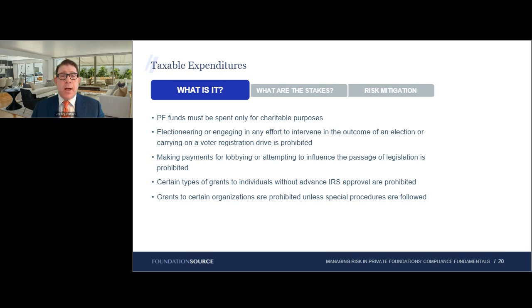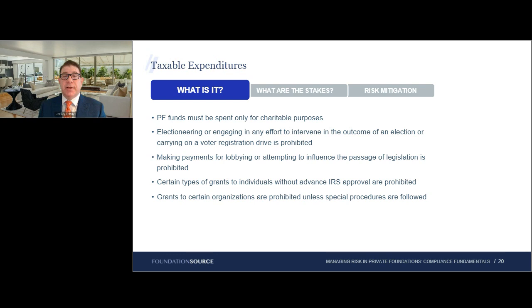While a foundation can freely make grants to most charities that are classified by the IRS as public charities without any special oversight, grants made to other types of organizations generally are permissible only if certain procedures are followed. So, you can do it as long as you follow the procedures. For example, grants made to domestic or foreign organizations that are not public charities can be made by following special procedures known as expenditure responsibility.